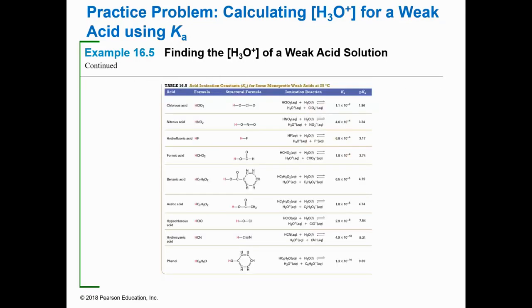Okay, so now we're finding the pH of a nitrous acid solution. So I'm just going back, finding nitrous acid's Ka. I'm going to write that. So Ka is 4.6 times 10 to the negative 4.